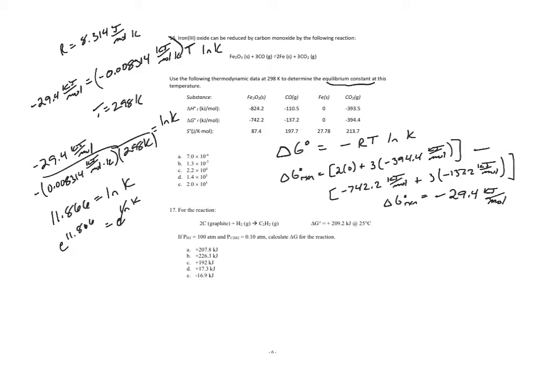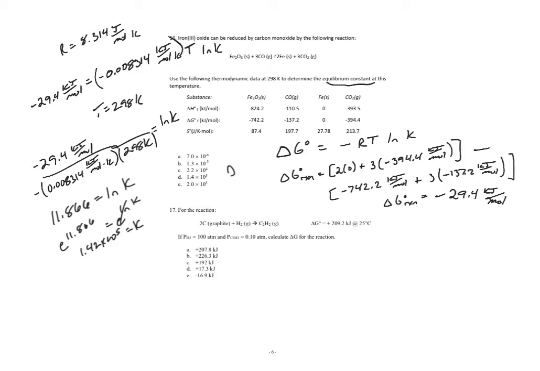So e to the power of 11.866 is going to be my answer, and that is 1.42 times 10 to the 5th. That is now equal to K. So that is answer D for number 16.